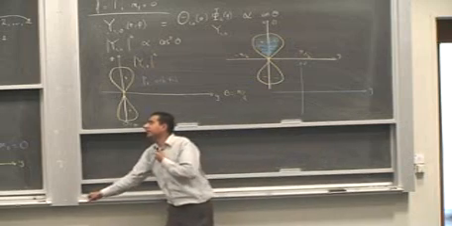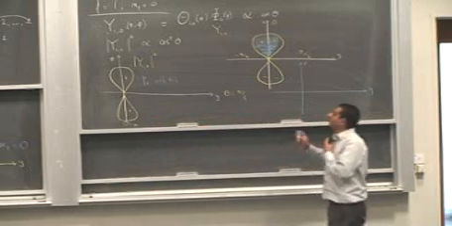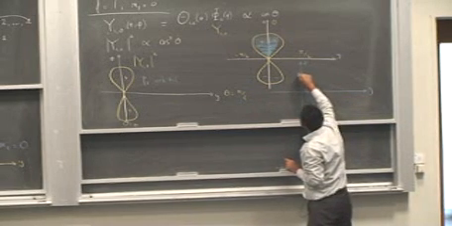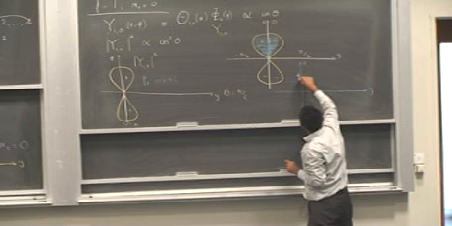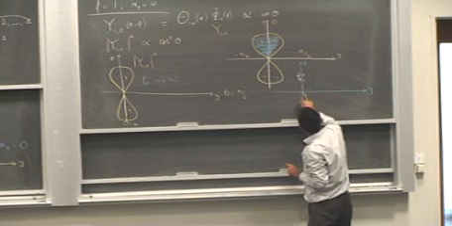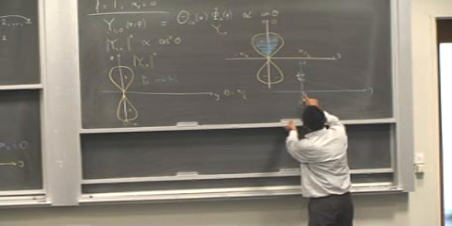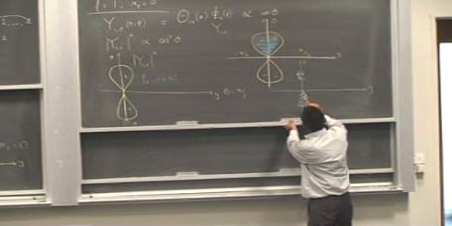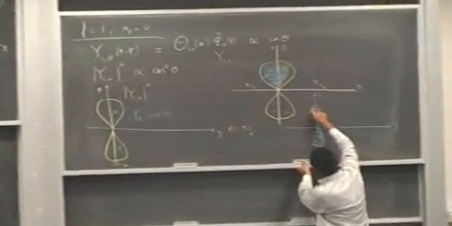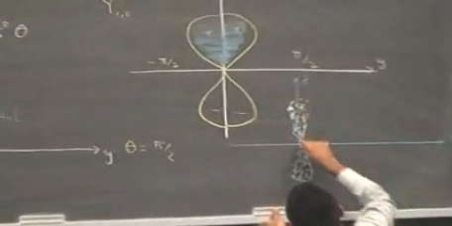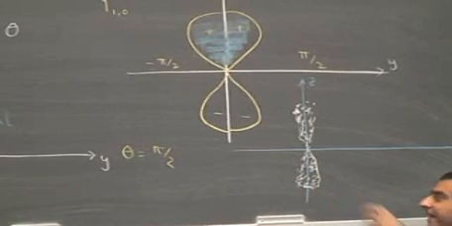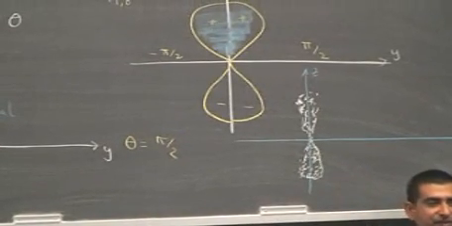An electron cloud means that you have a scatter of points and the points are scattered densely where the probability density is higher.